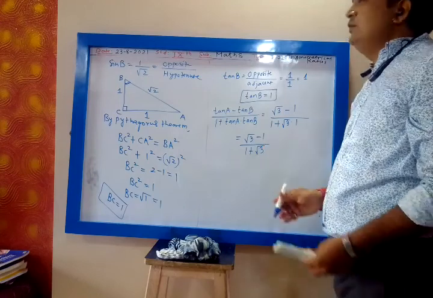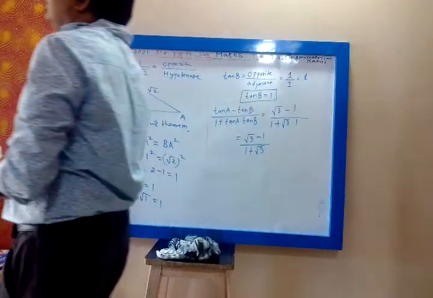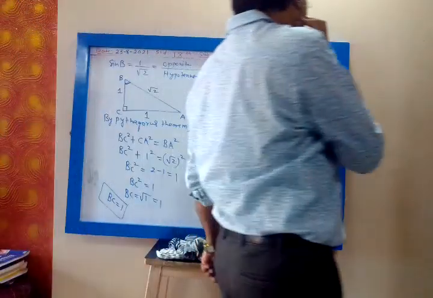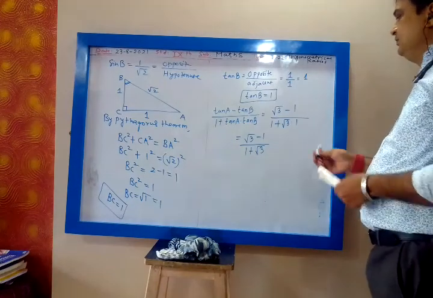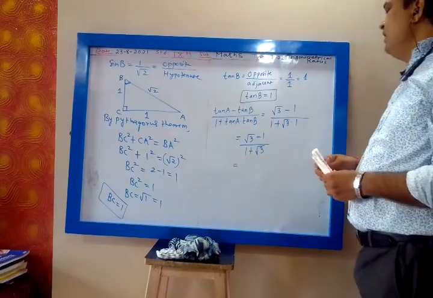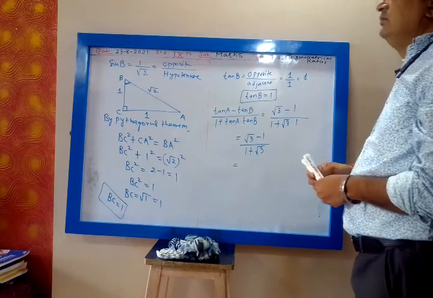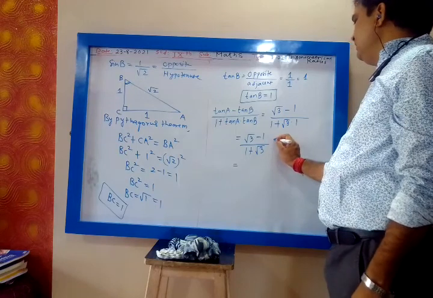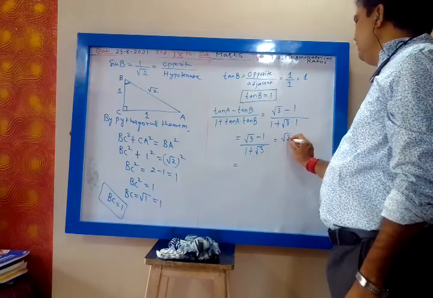Yes, now use the concept of rationalization. Rationalize the denominator, my dear. So what you will do? Multiply and divide by root 3 minus 1.